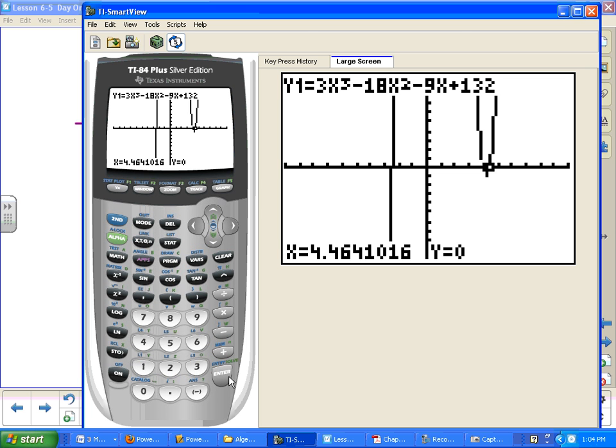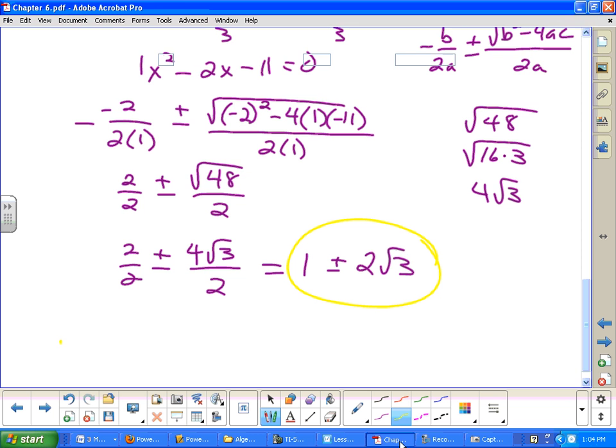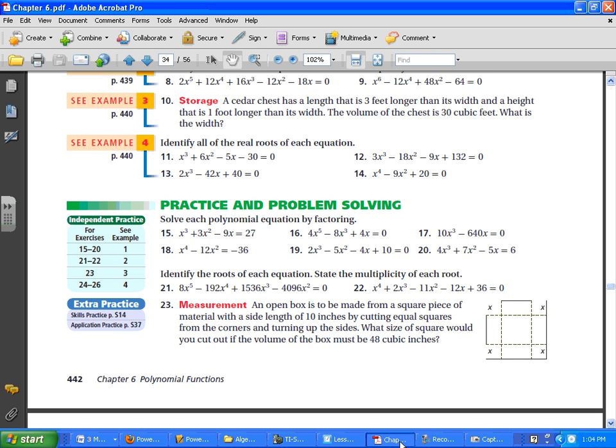The only time we get full credit for this is if you can't get it to a quadratic. So let me see if I find one here. Number 16, you're going to do that. That one can be factored. But like number 16 here, if I graph this and I only found 1 zero, then by doing synthetic division, I could only get it down to 4th degree. So then my only option would be to graph it and find the zeros.